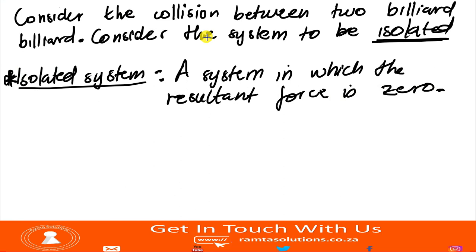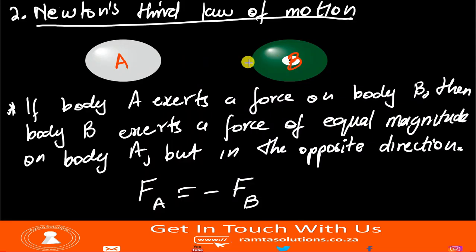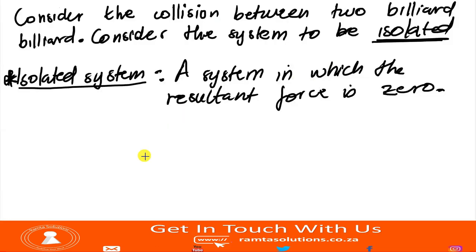Now, again, you're considering the collision between two billiard balls, like we had on the previous page. We have said the force that body A exerts on body B is equal in magnitude to the force that body B exerts on body A, but opposite in direction.